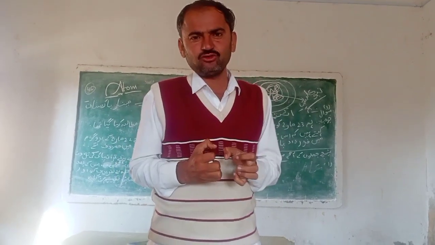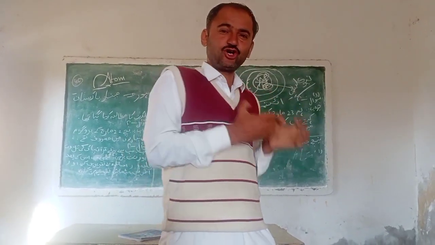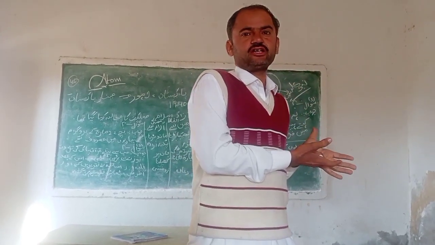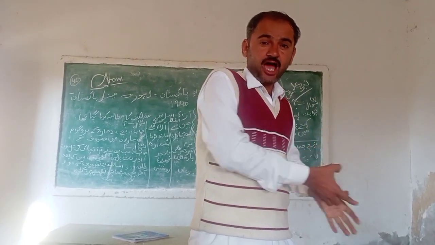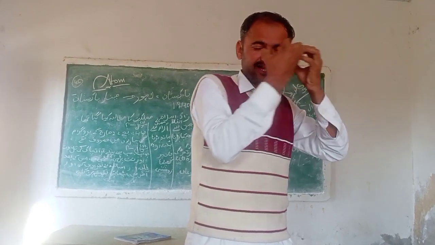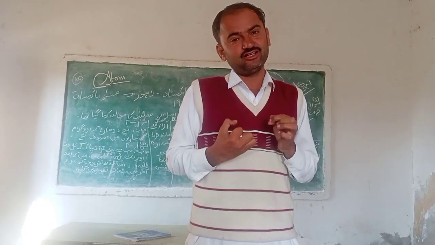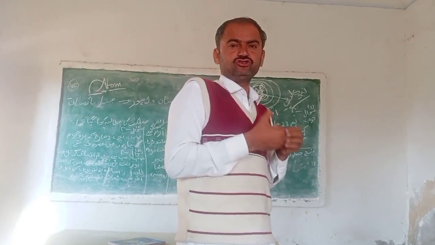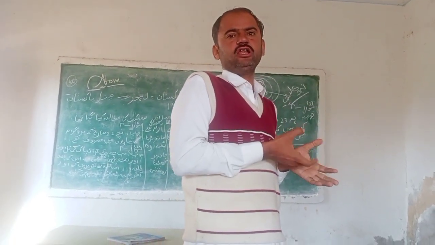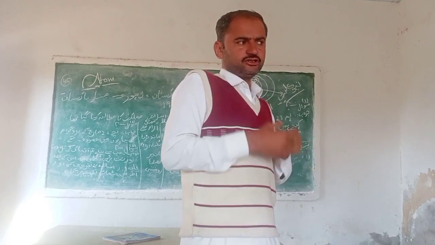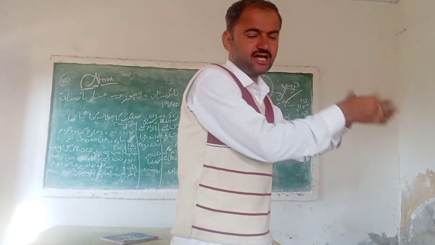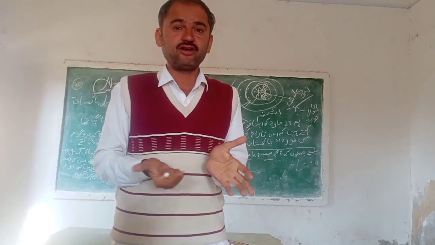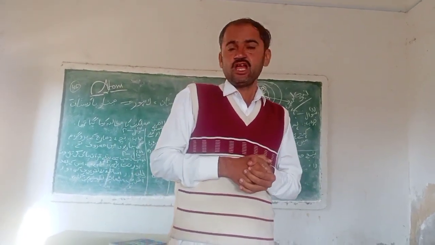Reversible reactions are those in which reactant is converted into product, as well as product is also converted into reactant. Means they are bidirectional, two-directional. They go forward as well as backward. Those reactions are called reversible reactions.